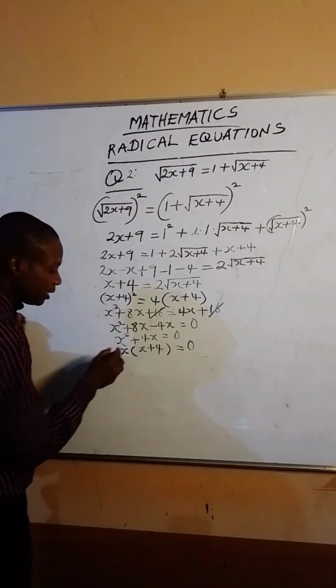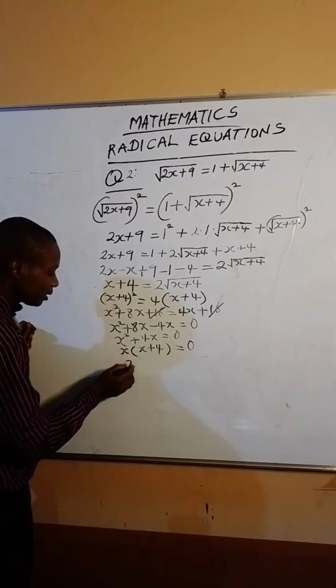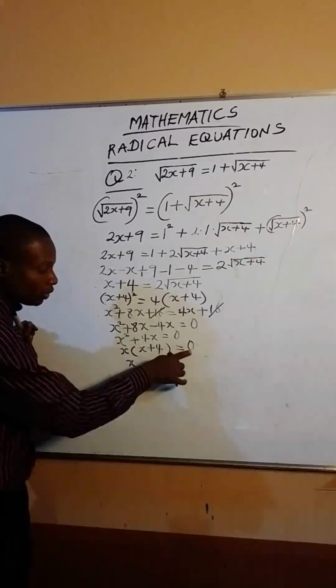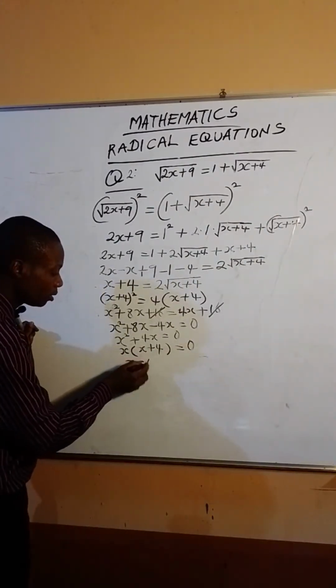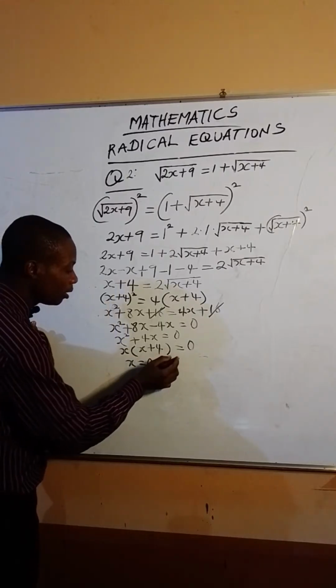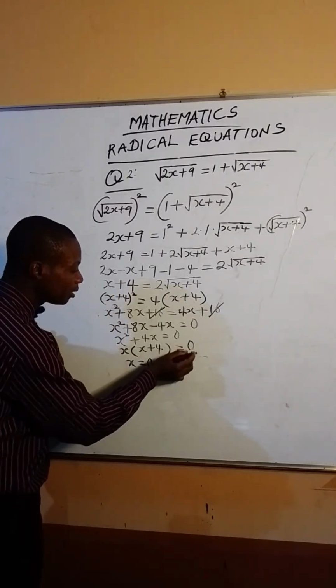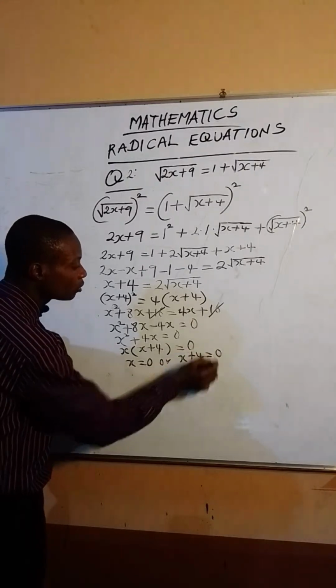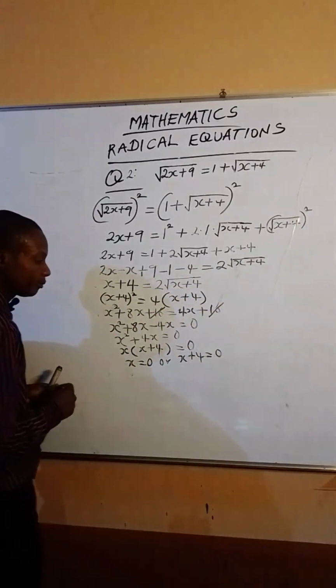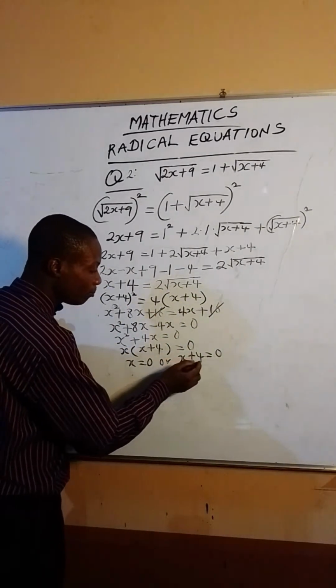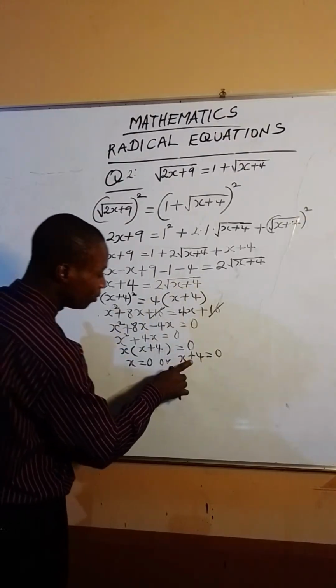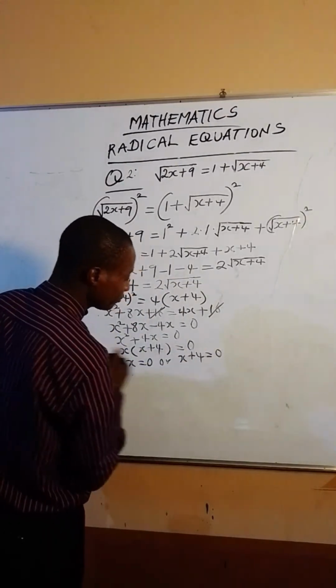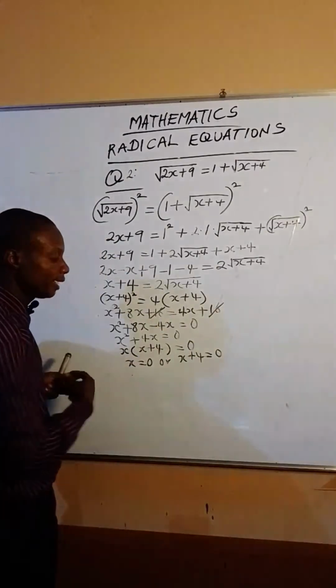The implication is that this x is equal to 0, or x plus 4 is equal to 0. Therefore, we can move this 4 to the right hand side.